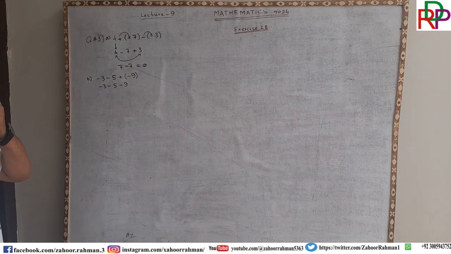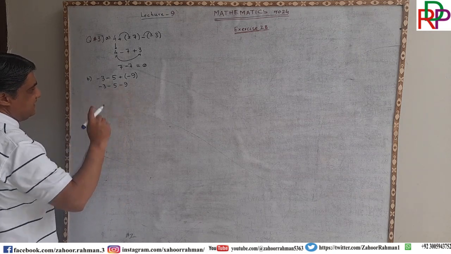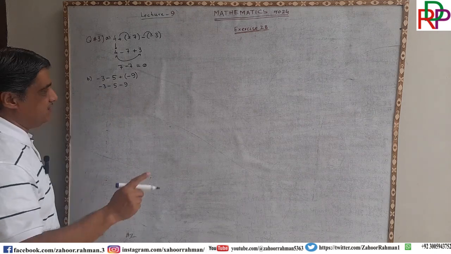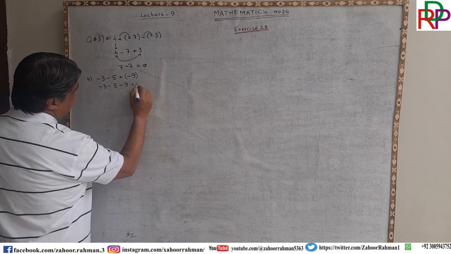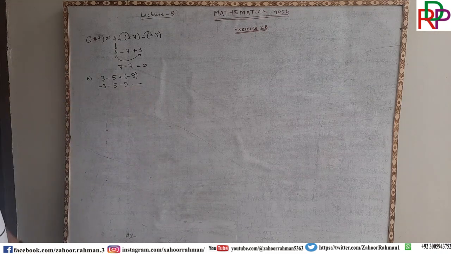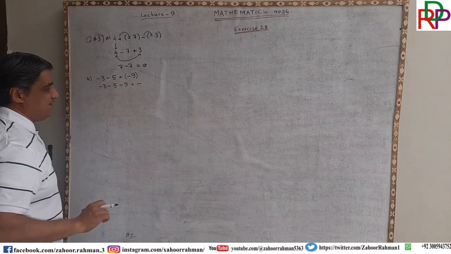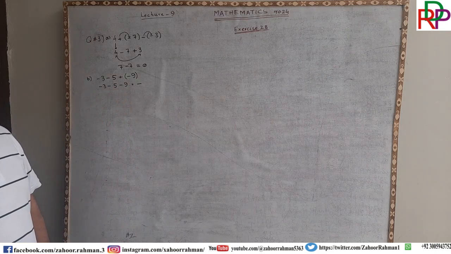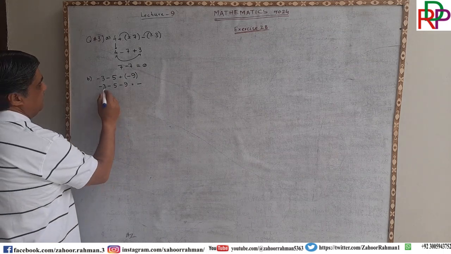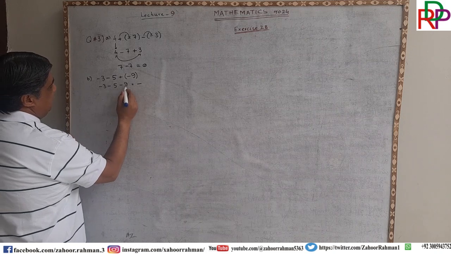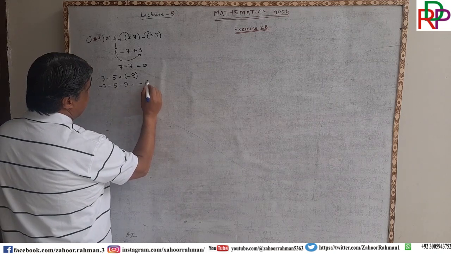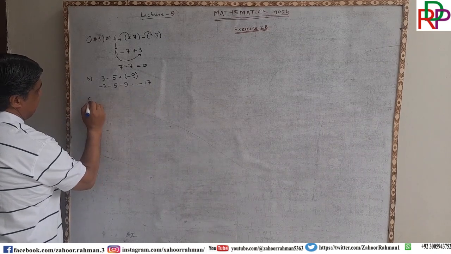Yesterday I told you that if the symbol is the same in case of addition and subtraction, then you have to directly write it minus. Don't multiply it with each other. And then directly add all these numbers. These are the small tricks while solving these questions you have to keep in mind. 3 plus 5, 8, 8 plus 9, 17. So minus 17 is the answer.